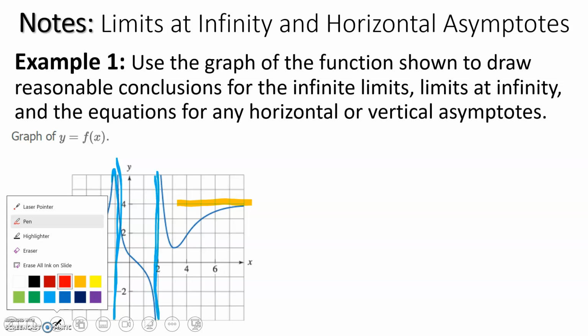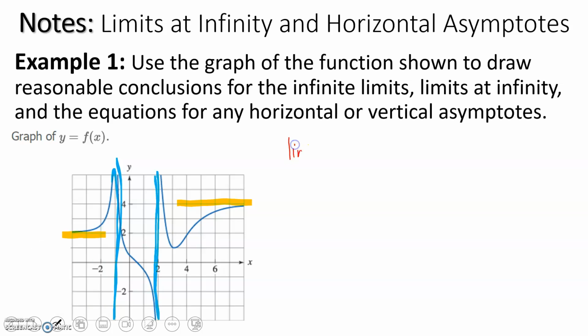Let's start with our horizontal asymptotes. So the limit as x approaches infinity of f of x. That is, if we go forever big, what value is our function getting closer to? In this case, 4. Okay, then we have the limit of f of x as x approaches negative infinity.